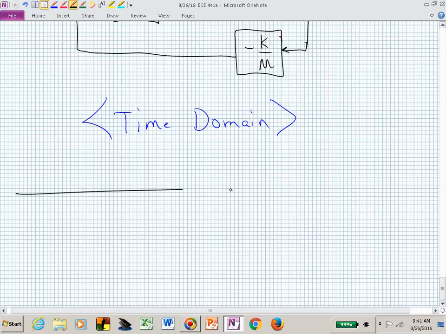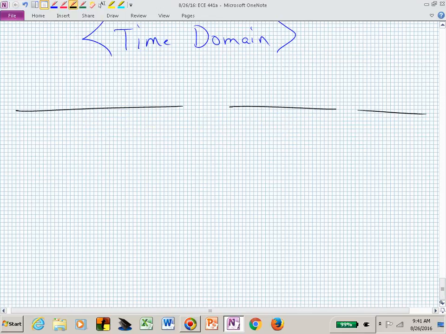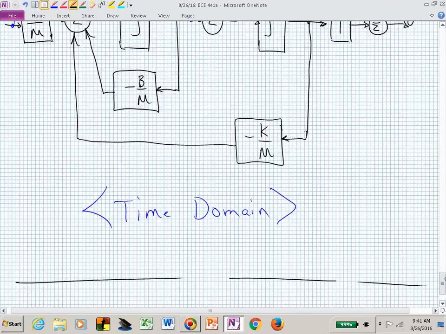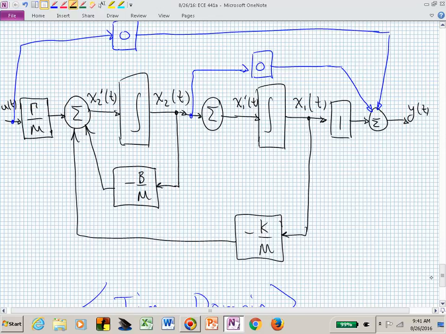What about if we said that was in the time domain, I want to work with the frequency domain. Now all you have to remember is what does an integrator look like in the frequency domain? 1 over s. The only thing we have to change to put this into the frequency domain is to erase those integral signs and replace them with 1 over s's.